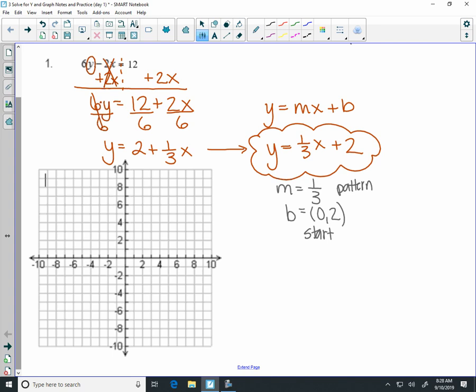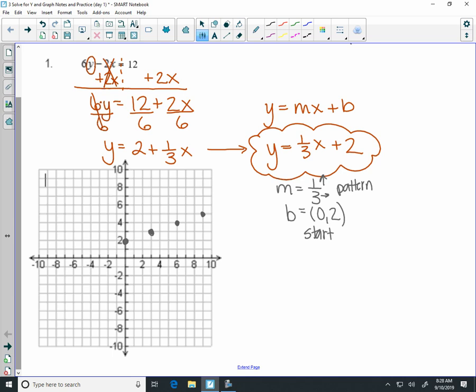So where are we starting? Over 0, up 2. What's our pattern? What does the 1/3 give us? Up 1 over 3. So remember, if it's negative, we're going to go down. If it's positive, we're going to go up. We're always going to run to the right 3.